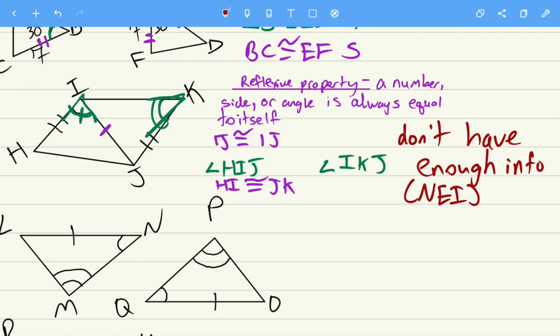They might be congruent, but we don't know. Because in this case, we are given the side, angle, and side. But in this case, we're given the side, and then the angle. So if you're not given the same pieces of information, we don't have enough information.